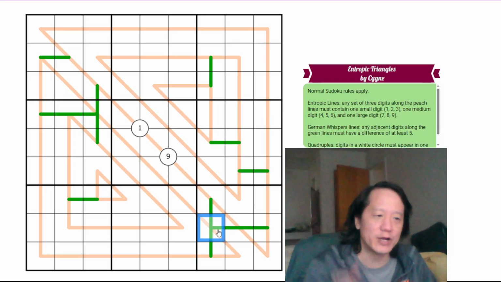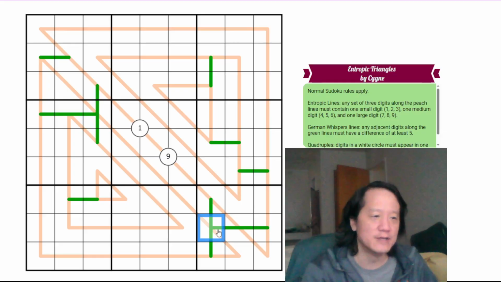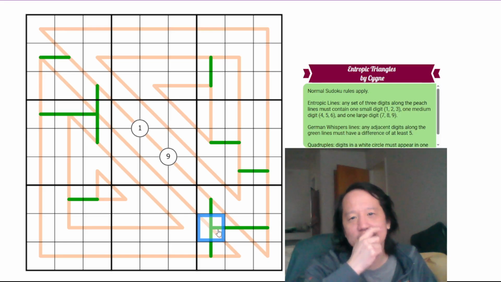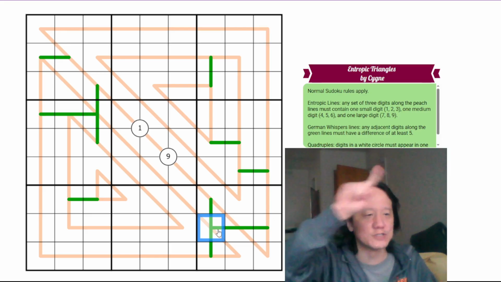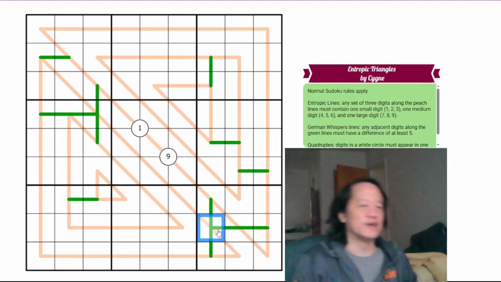So that's why I call them whisper 5, whisper 4, whisper 3. It's very simple. Whisper 1 is kind of given, but actually it's not necessarily true, because you could have diagonals along the whisper lines too. Anyways, I call them whisper 5 lines because of that.